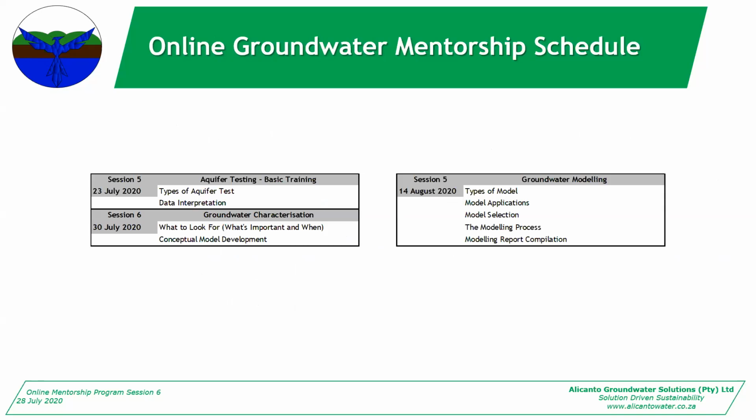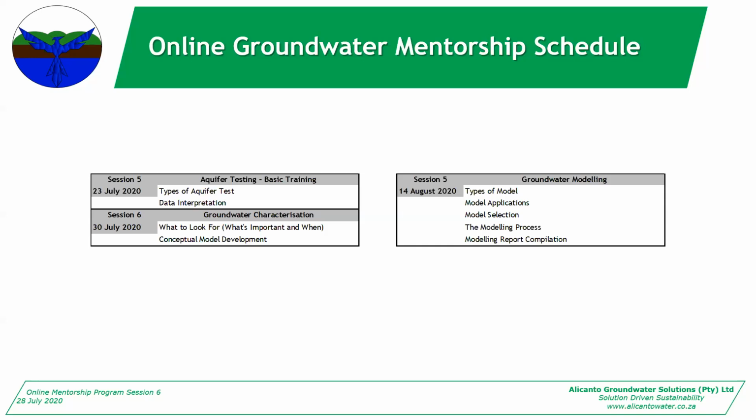Then we'll focus on the conceptual model development, which is quite an important part of any groundwater study, whether it's a resource development project or a mining project or any kind of groundwater project. The conceptual model is very important for your results.